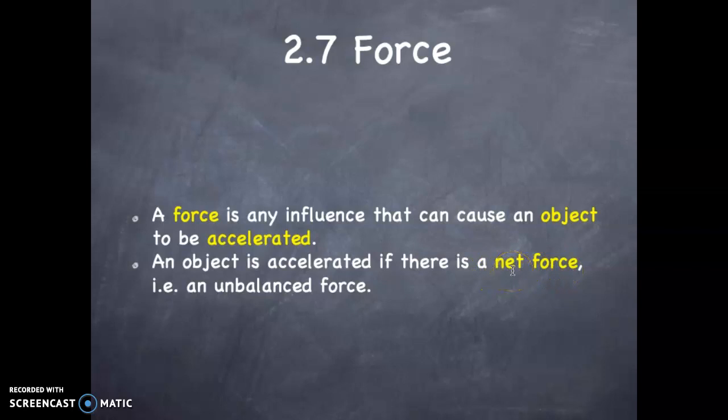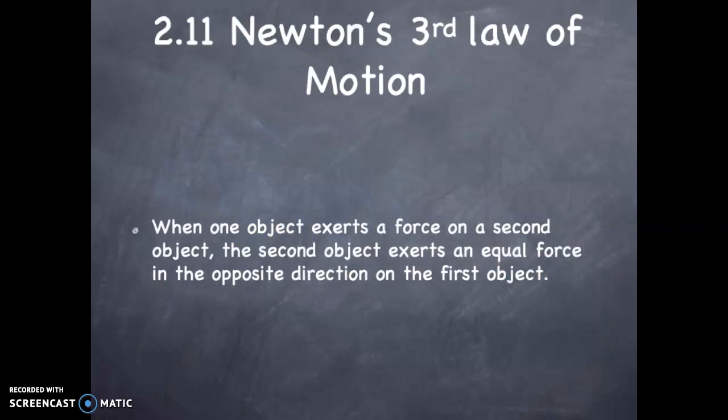So if there is a resultant force acting on a body, that body will experience an acceleration, which means it will experience a change in its velocity. See, so those three go together: force, acceleration, change in velocity.